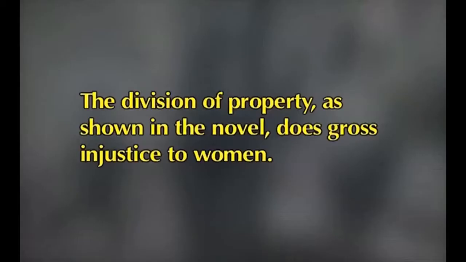The division of property, as shown in the novel, does gross injustice to women. They are written off as they have perpetually been given their share of the property as dowry. The real property to be divided after a patriarch's death is only done amongst men and not women.